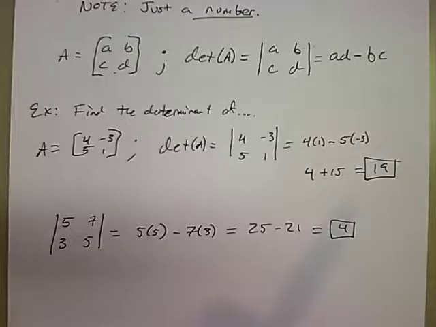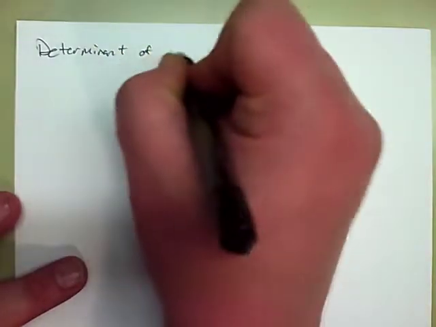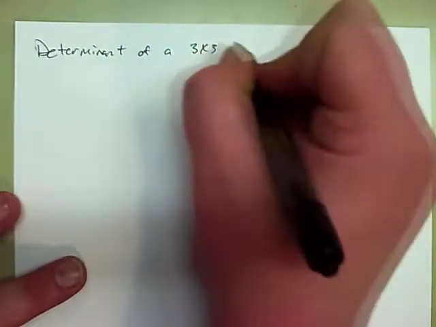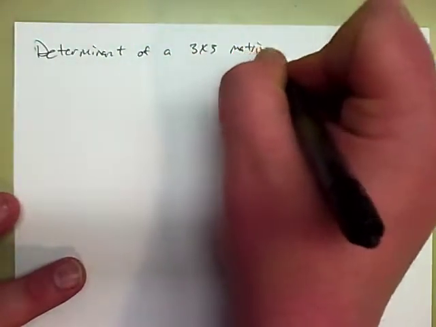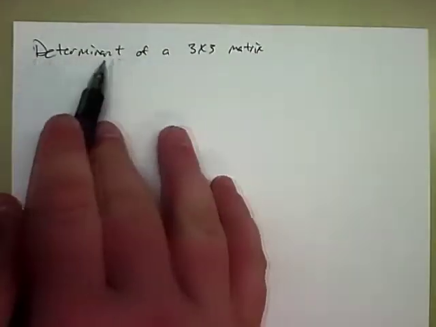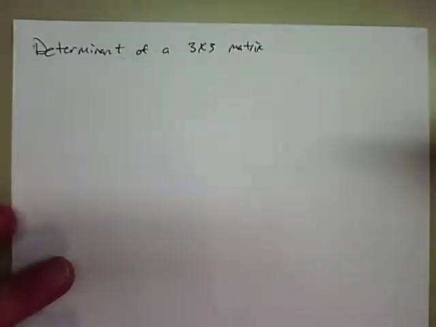Now, the determinant of a 3 by 3 matrix, a little bit different. It's called a determinant because it determines something.